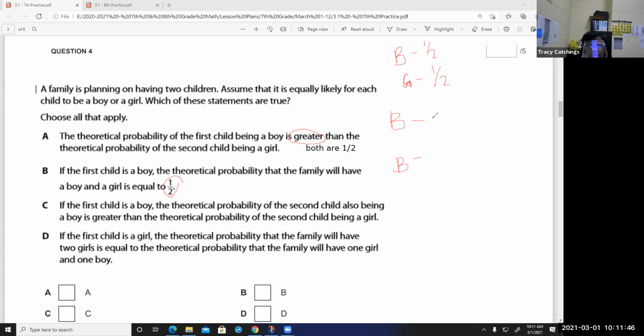And then the second child, they say, could be a boy or a girl. So they want to know what the theoretical probability the family will have a boy and a girl is equal to 1/2. So these are now our scenarios. This will be the boy and the girl. How many chances? 50. 1 out of 2. 1/2.